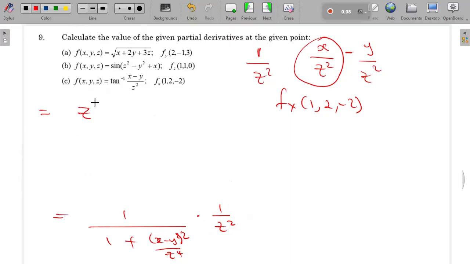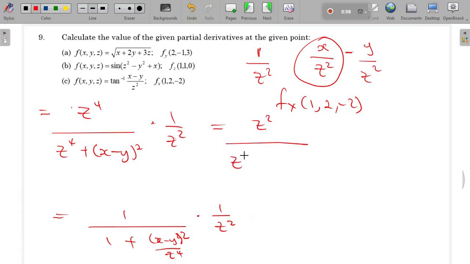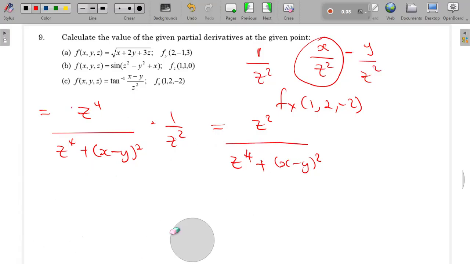I get z to the 4th over z to the 4th, and the z to the 4th divides into the 1 over z squared, so that you remain with z squared on top. Then you have z to the 4th plus (x minus y) squared. So we found our partial derivative with respect to x.